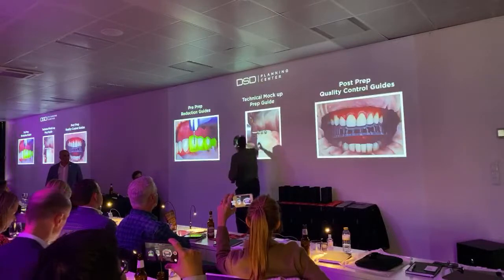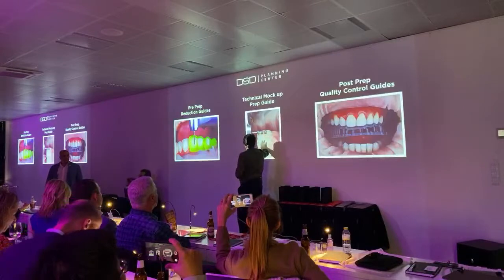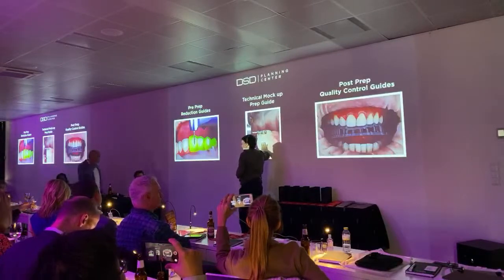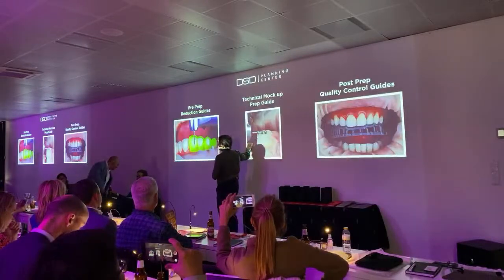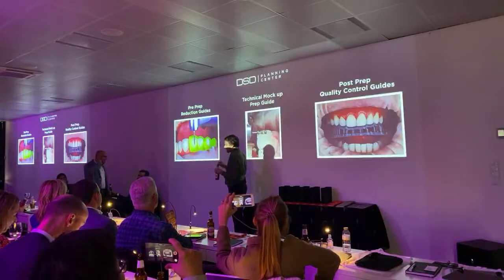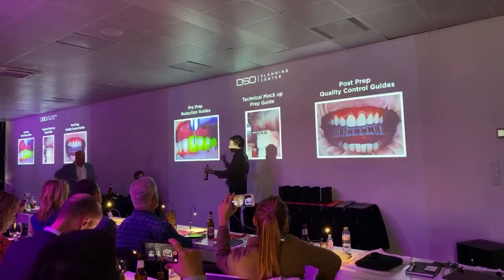The lab needs to give you the depth. Okay? So we give you the depth, you put the technical mock-up in, you prep. Now, if your case is not completely additive, and you decided for any reason not to do ortho, because ortho pre-restorative is mainly making subtractive become additive, that's the beauty of ortho pre-restorative.